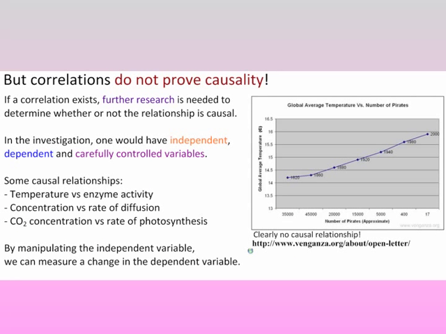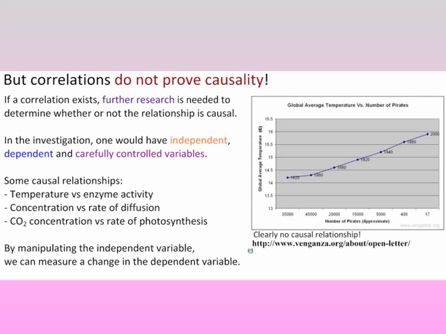Now, one thing is to be able to say that there is a correlation between data. However, correlations do not prove causality. That means just because two variables are correlated does not mean that one variable causes the other variable. This is very important.